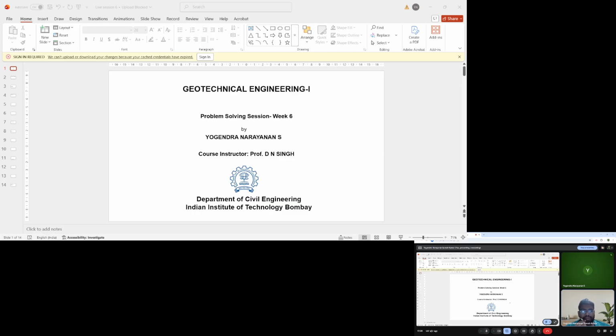So, to give a brief background for these sessions: these problem solving sessions are being conducted to make the learners proficient in the concepts taught in a particular week by solving numerical and conceptual questions based on the contents of the week.